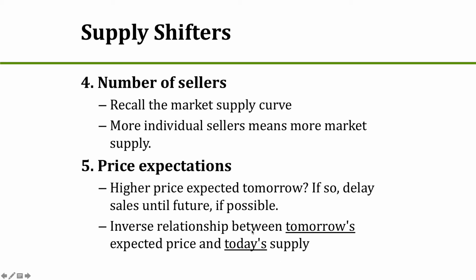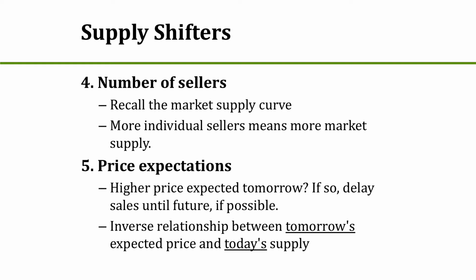Remember, we are trying to understand what happens to today's supply, not to tomorrow's supply. And if we look from the opposite direction, let's say the price of the good currently is $100, and in the near future, you expect to see a price tag of $50. You don't want to lose money, because if you sell your product in the future, you're going to lose money.